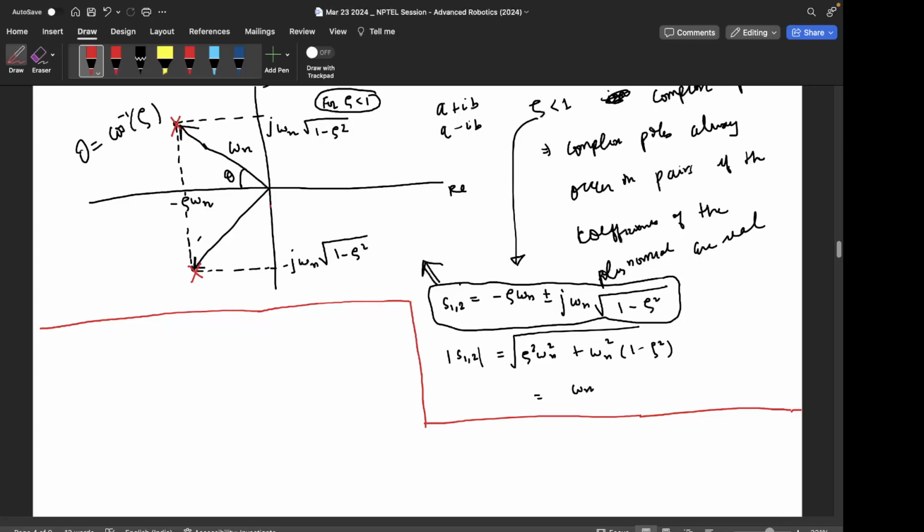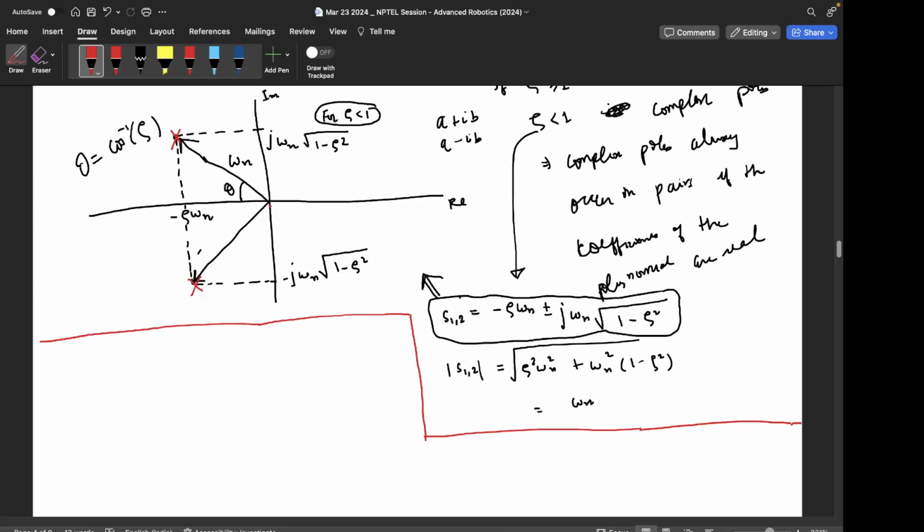The stability criteria says that if the real part of the roots is negative, then the system is stable. The real part of the root here is xi omega n. So for all the poles, if the real part is less than 0, then the system is stable. I concluded that the spring mass system will be stable because xi and omega n will in general be positive.